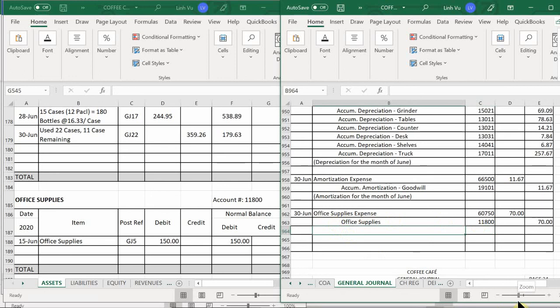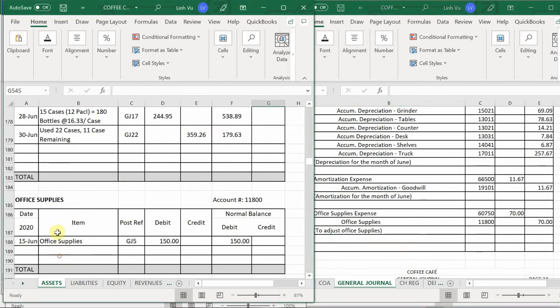Okay, so then again, adjustment, office supply. So we have to journalize that.